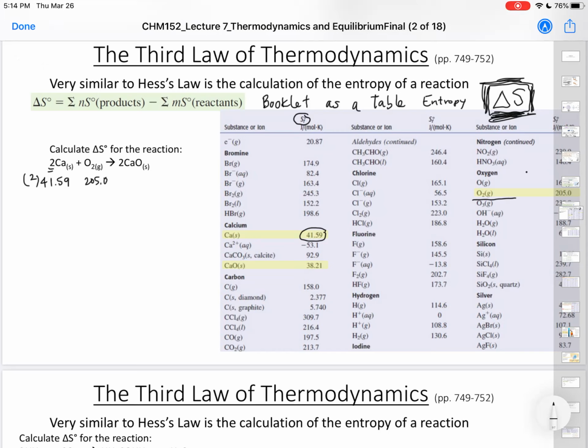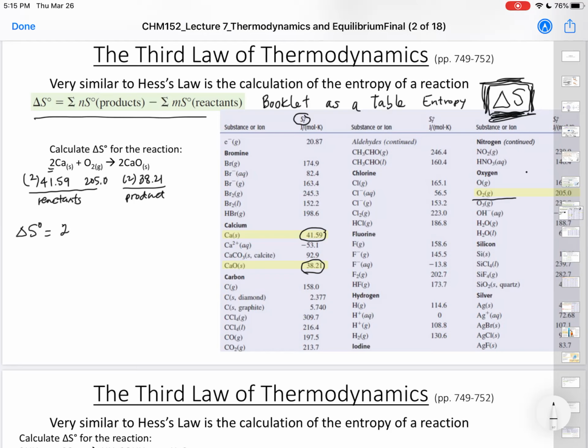Do you see that here? 205.0. And 1 is the stoichiometric coefficient, so we're not going to bring that down. It would be pointless. For the calcium oxide solid, it is 38.21. So here you've got your reactants, and here you've got your product.